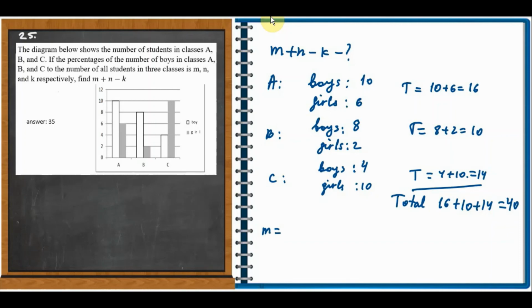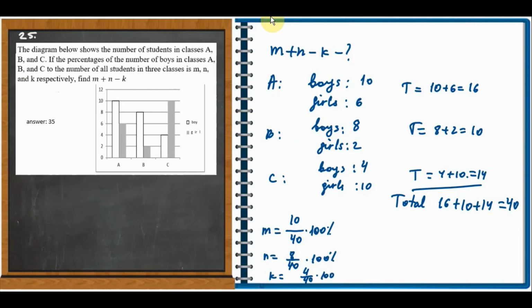Now, after this, we need to find M. This is the percentage of boys in class A, which is 10 over all the students. Total is 40. And percentage means we must multiply this fraction by 100. Now, N is the boys in class B, 8 over the total multiplied by 100%, and K will be in class C, there are 4 boys, and 4 over 40 multiplied by 100%.